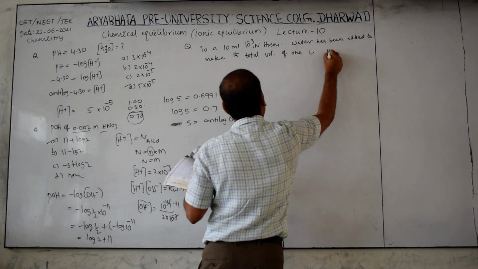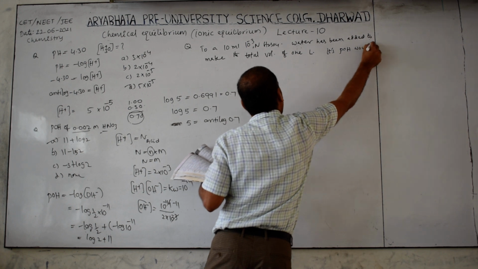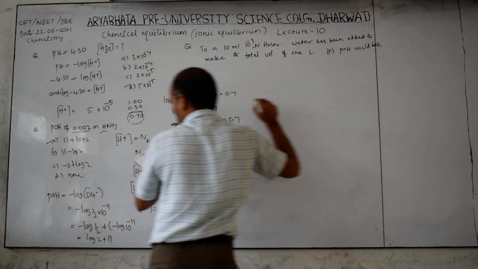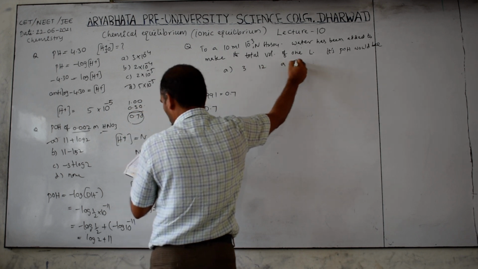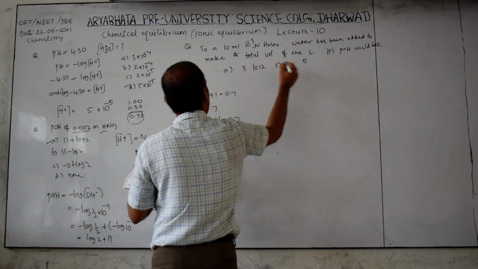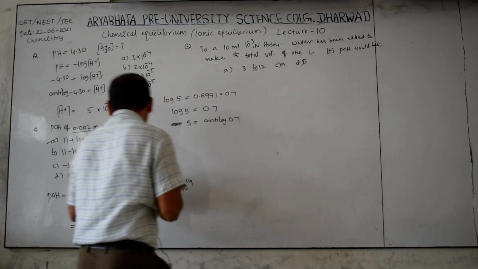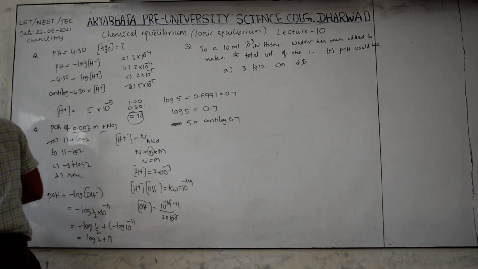Its pH would be? The options given here are 3, 12, 9 and 5. This is B, this is C, this is D. Then keep in mind how to solve this.